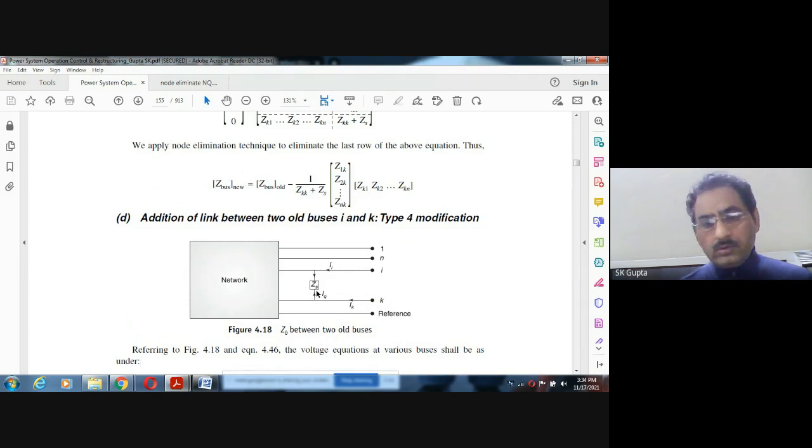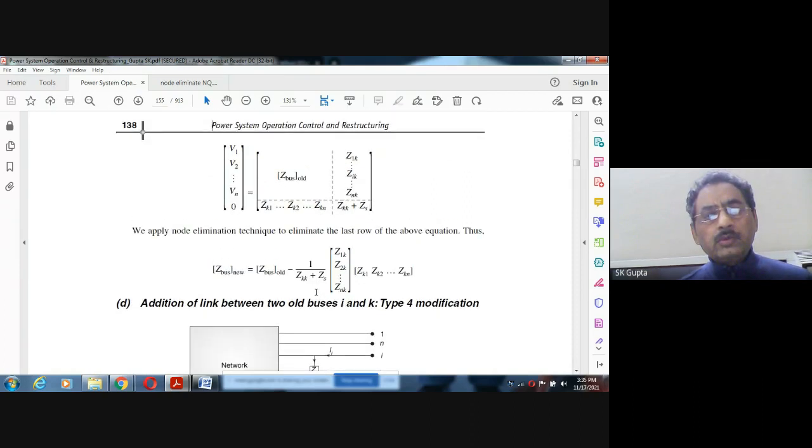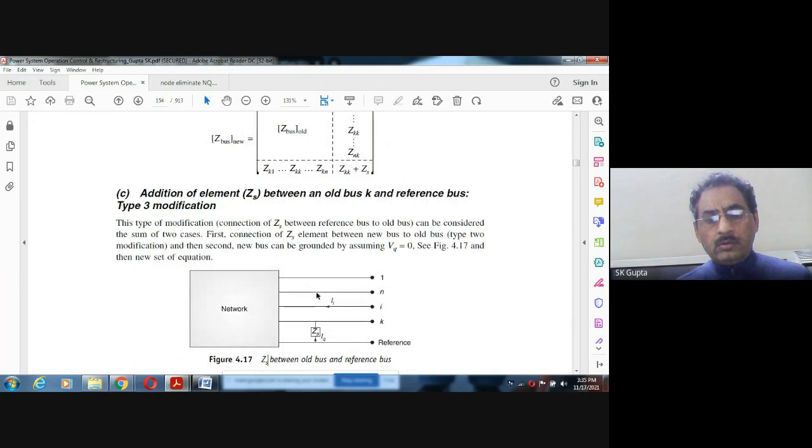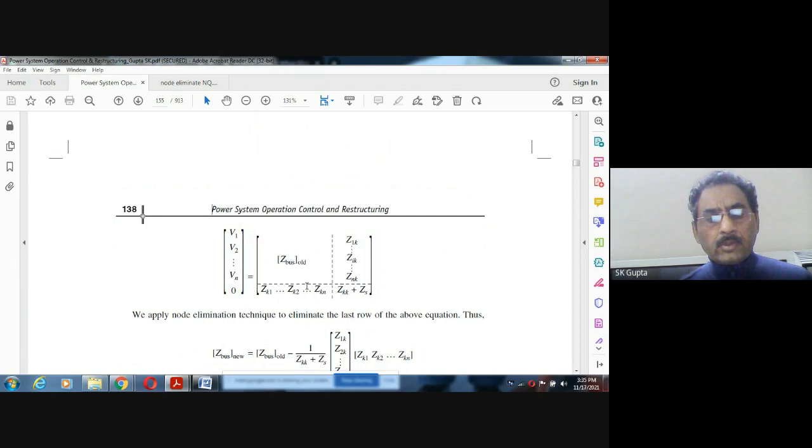So before going to this, now you see what we did. As I told, in the third modification, the transmission line is added between the old bus and the reference bus. Now we are saying old bus to the new bus, and we know that if a transmission line is added from old to new, this is modification number 2.